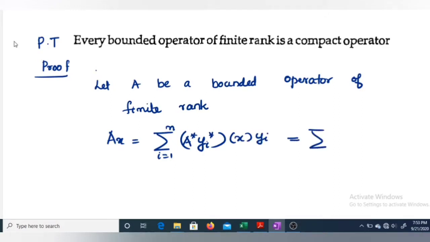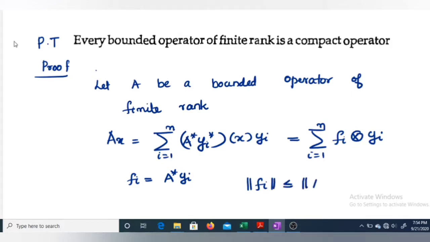And this is equal to the sum from i equal to 1 to n of the tensor product of fi and y, where fi is equal to A star yi star. Also, the norm of fi is less than or equal to the norm of A star times the norm of yi star. So clearly the norm of Ax is less than infinity also. So A is a bounded operator.